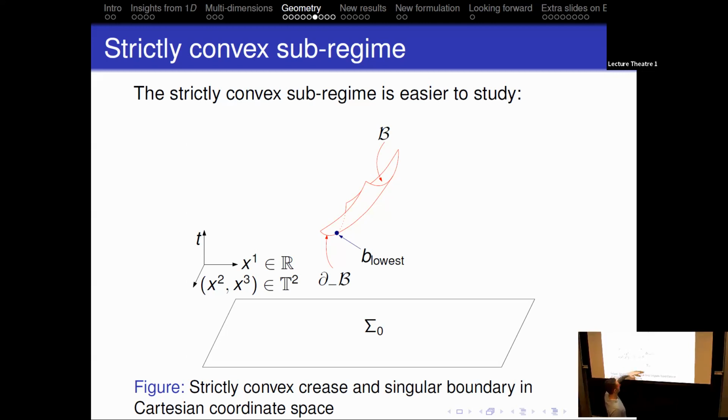Many of the prior works, so Alinhac's, and there's another approach to shock formation by Buckmaster, Shkoller, and Vicol that goes through self-similarity and modulation parameters, those approaches are centered around the lowest point on the singular boundary, which granted is not known in advance.